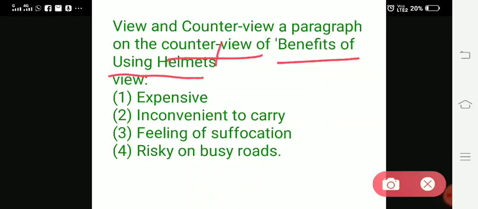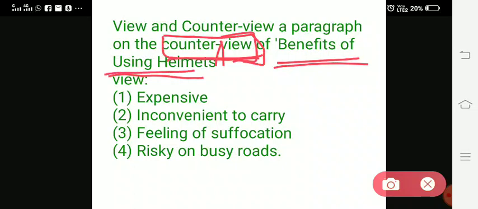If the word used were view, then we would have to change the title because we are writing a counter view. But the word used is already counter view, which means they have given you the title ready-made, so we can use the same title for our counter view.